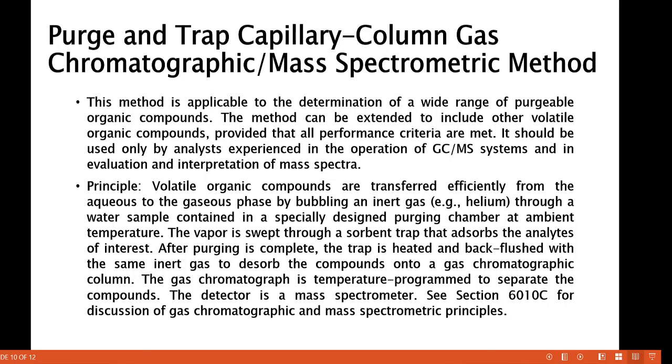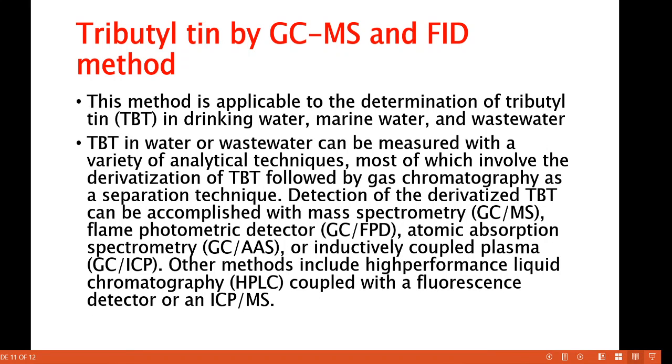After purging is completed, the trap is heated and back flushed with the same inert gas to desorb the compounds into a gas chromatographic column. The gas chromatograph is temperature programmed to separate the compounds, and the detector is a mass spectrometer. See the discussion of the gas chromatographic and mass spectrometry principles.